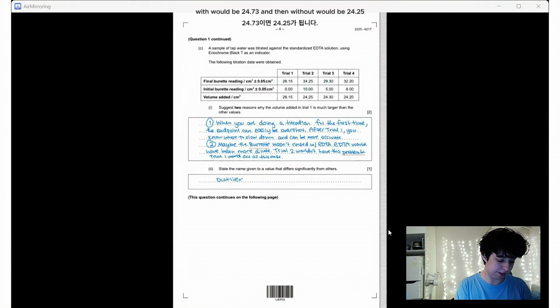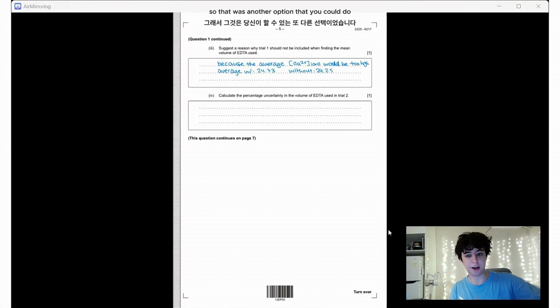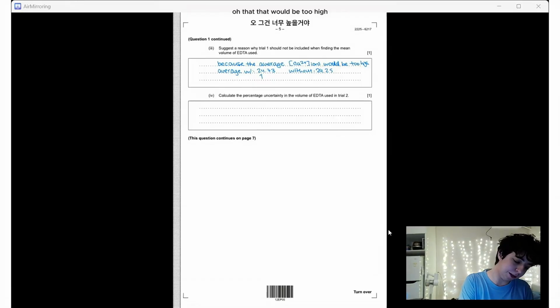And then without would be 24.25 plus 24.30 plus 24.20, divided by 3, which would be 24.25. So that was another option: do literally what they were asking you to do, both with and without, to then justify it.